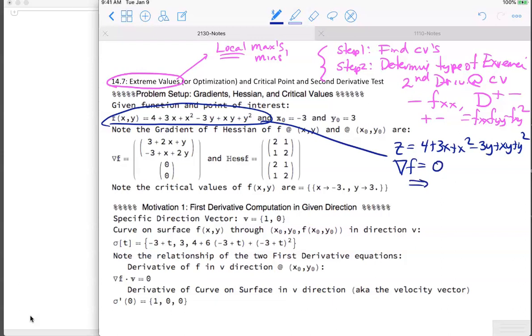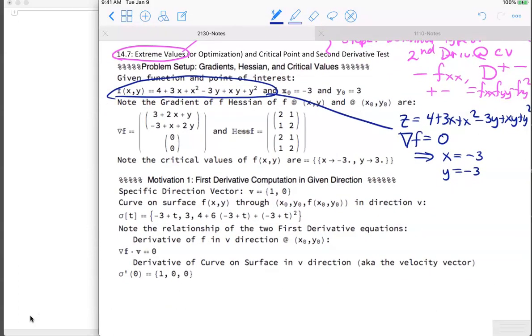When you do that, you get x equal to -3, y equal to 3. So at the point P, -3, 3, the gradient at that point is equal to the 0 vector.